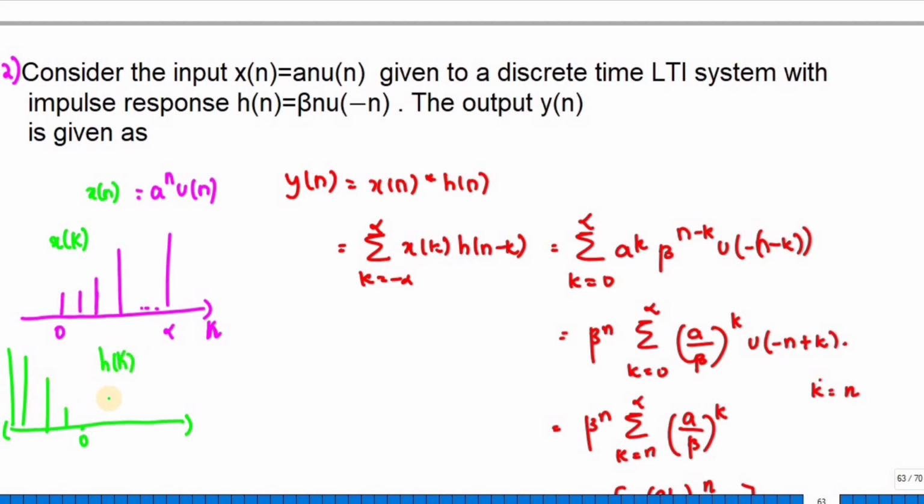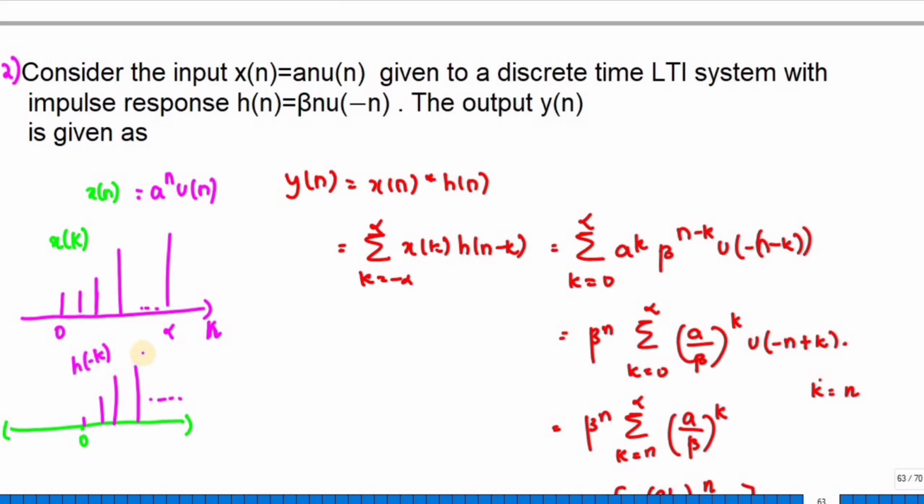If I make it h(-k), it will be inverted. Since beta^0 is 1, it is increasing like this, so both become the same, because this is h(-k).